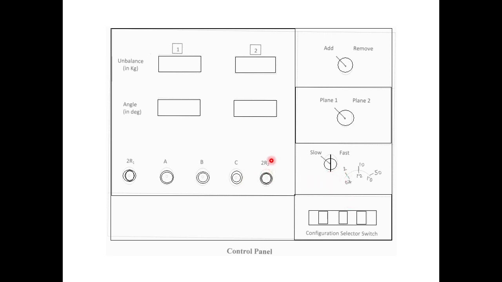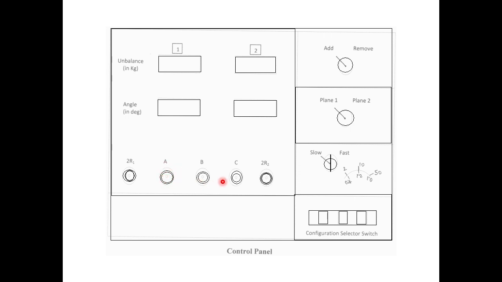How are they given there? Actually, these are some variable resistances, known as resistance pots, where you will get some scale, 0 to 10, 0 to 10 and so on. So these are the inputs.